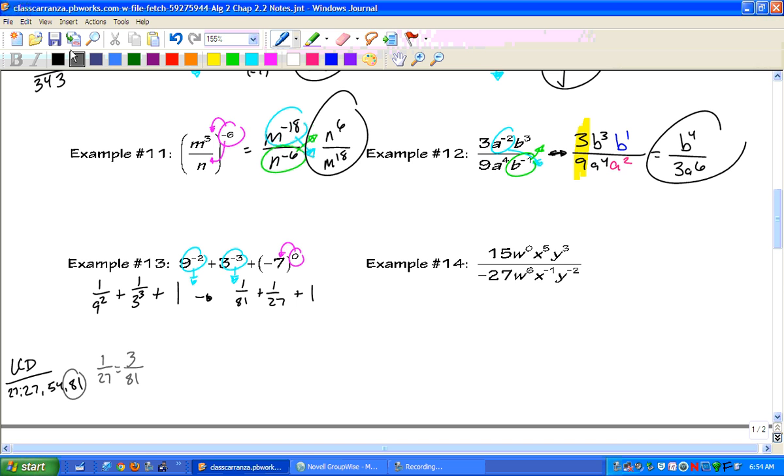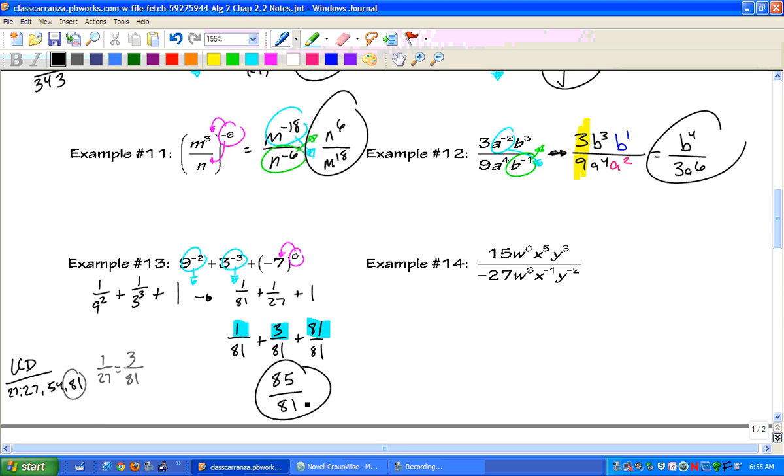So multiply the top by 3. So we have 1 over 81 plus 3 over 81 plus we need that to be a fraction too, and that's just 81 over 81. 1 plus 3 is 4. 81 plus 4 is 85. So we get 85 over 81.